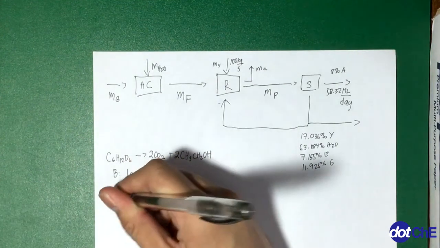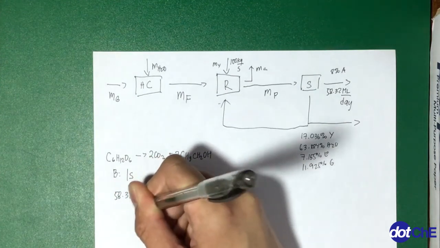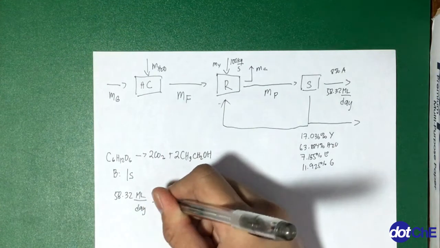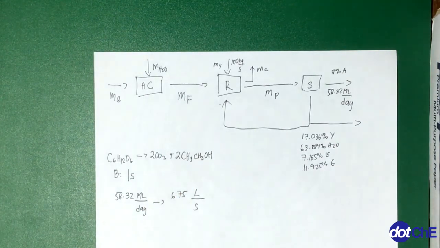So that's 58.32 megaliters per day, which produces 675 liters per second. All we have to do here is divide this by 24 hours and divide it again by 3,600 seconds.